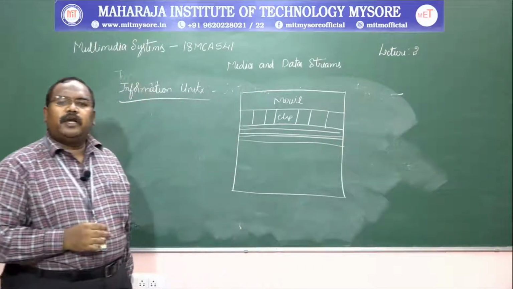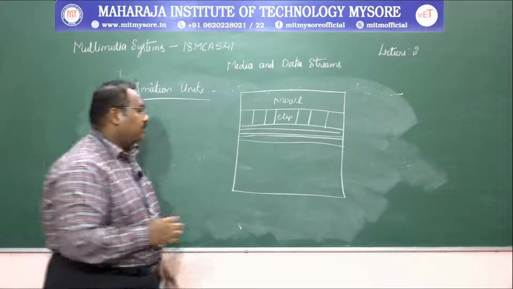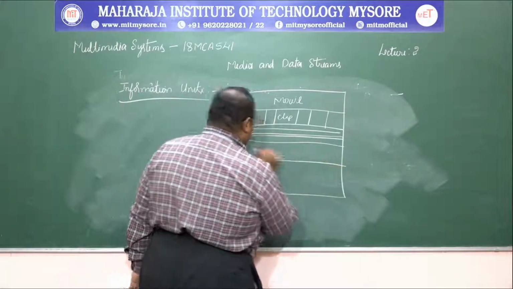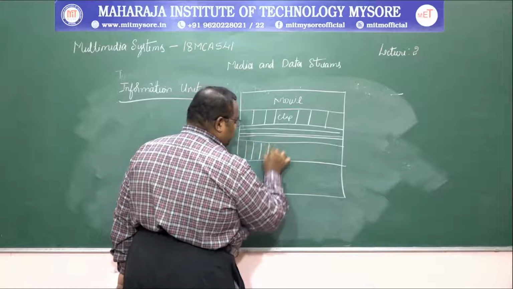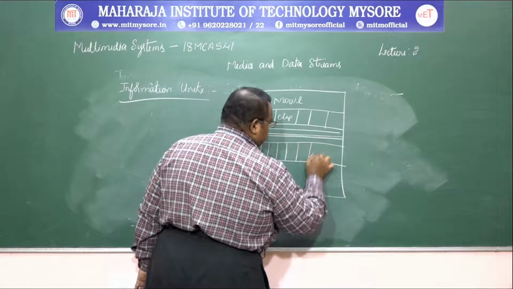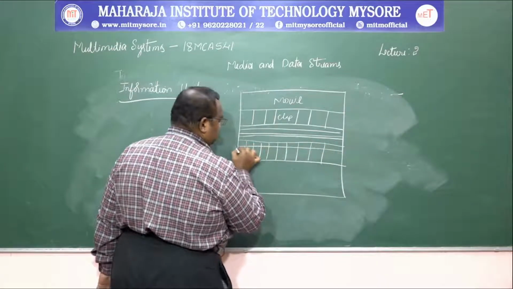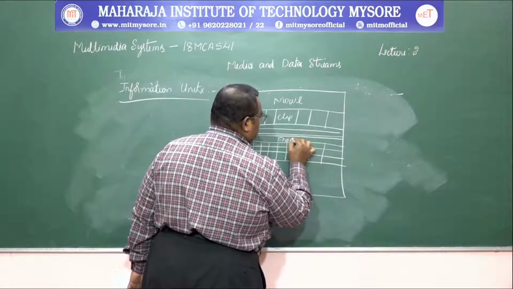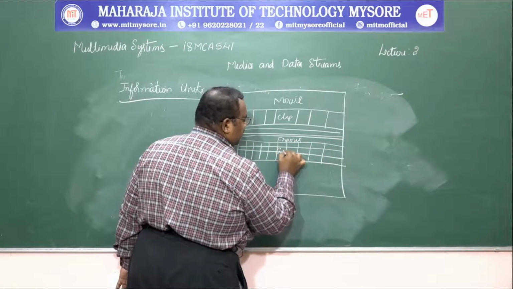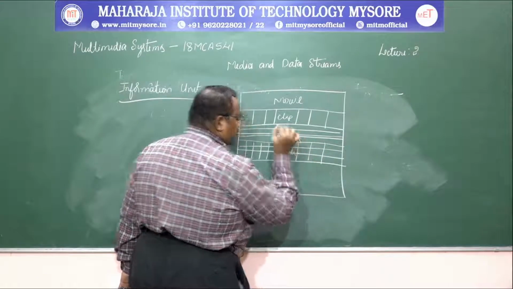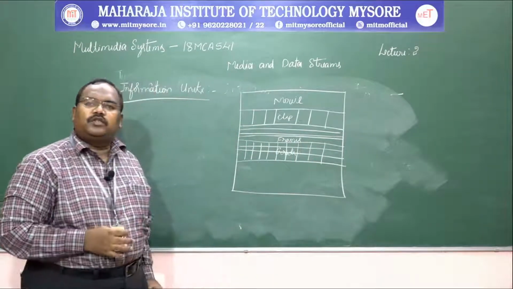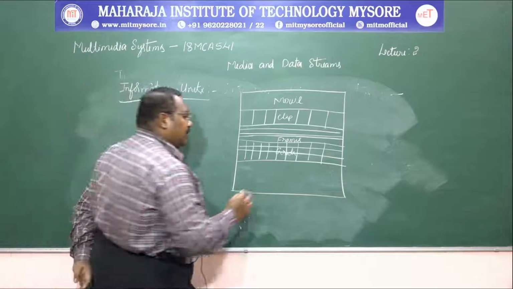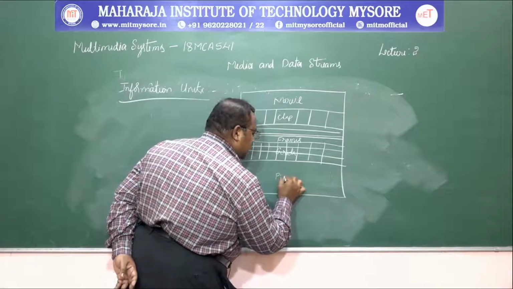And what does this frame made up of? Frame is a composition of lots and lots of grids. And what does that grid constitute? Grid constitutes pixels.